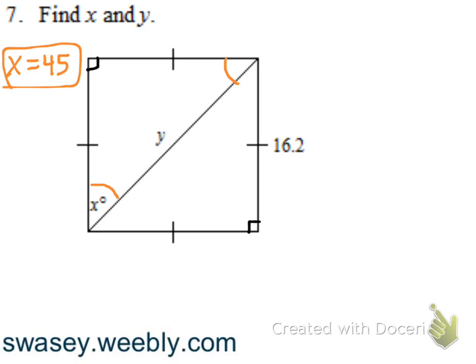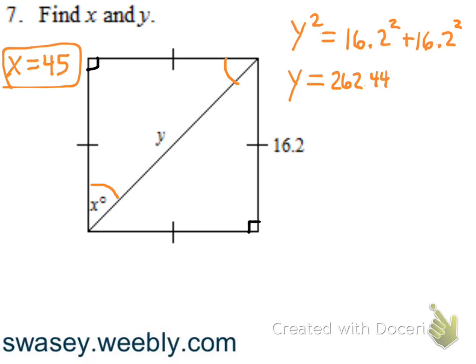And then to find y, we'll do y squared equal to 16.2 squared plus 16.2 squared. And so we'll square both of those, and we get 262.44. And then we can add those together.